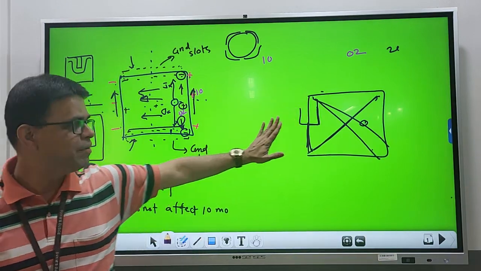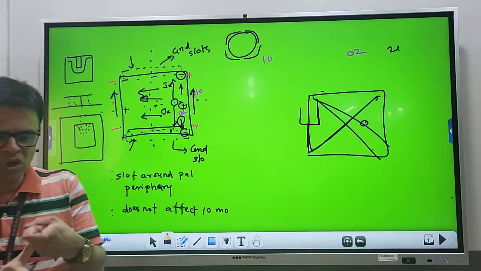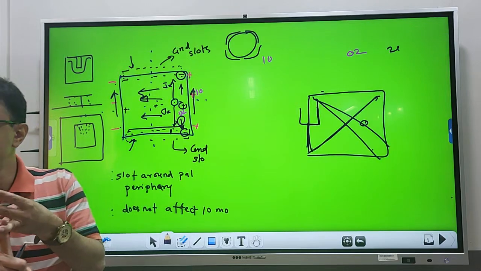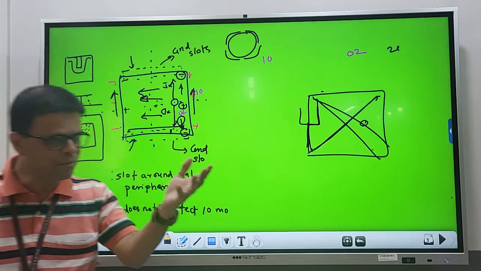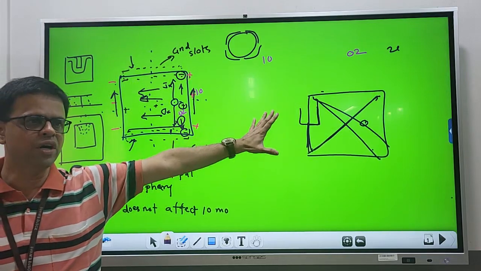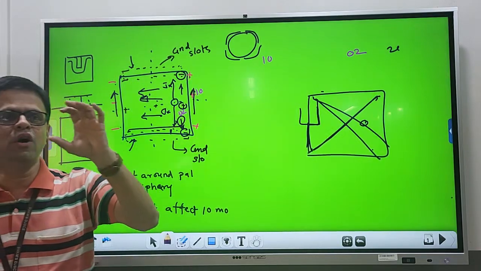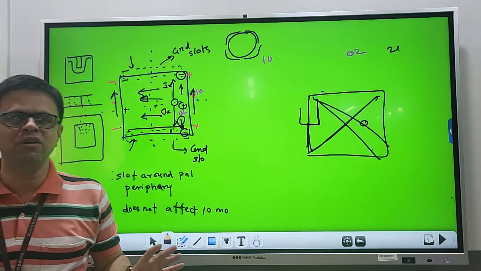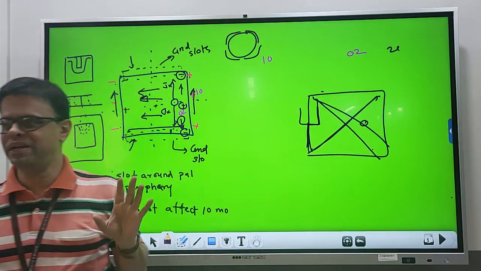In fact, we have done a rigorous study with respect to the first order, second order and third order iterations of the U-slot in circular patch as well as in the rectangular patch, and what we found is that first order on a thinner substrate gives me optimum response. Almost 3 to 4% of axial ratio bandwidth is obtained.